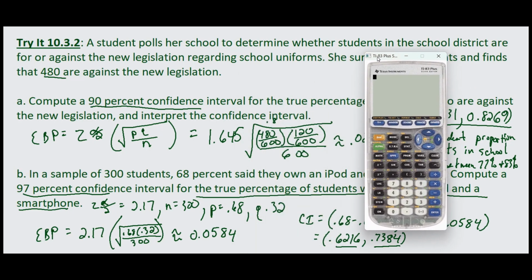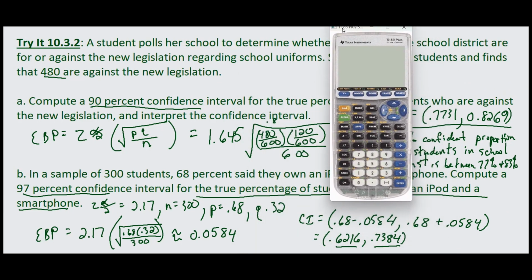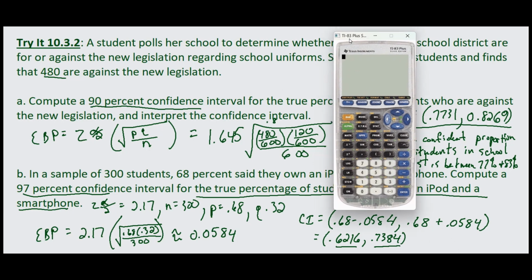Now we should also know we can check this using our calculators. Let's bring in the calculator here real quick just to check this second solution. So we would go to stat, tests, go down to the one proportion z interval, which is the 11th choice. It's under A. The 68% of 300 is 204, so we would enter in 204.